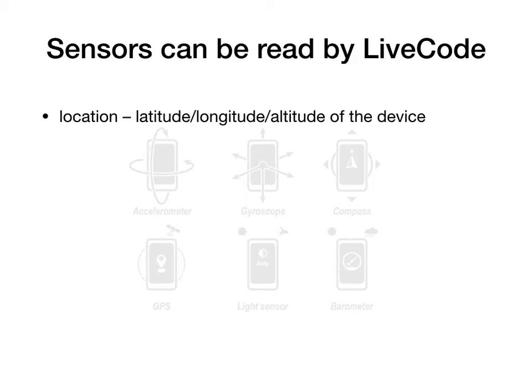So the location sensor. Now these are names of the sensors in the LiveCode language, and I'll relate those to what the actual onboard sensors are. The location sensor in LiveCode will allow you to read the latitude, longitude, and altitude of the device. The heading sensor allows you to read the heading that the device is pointed.